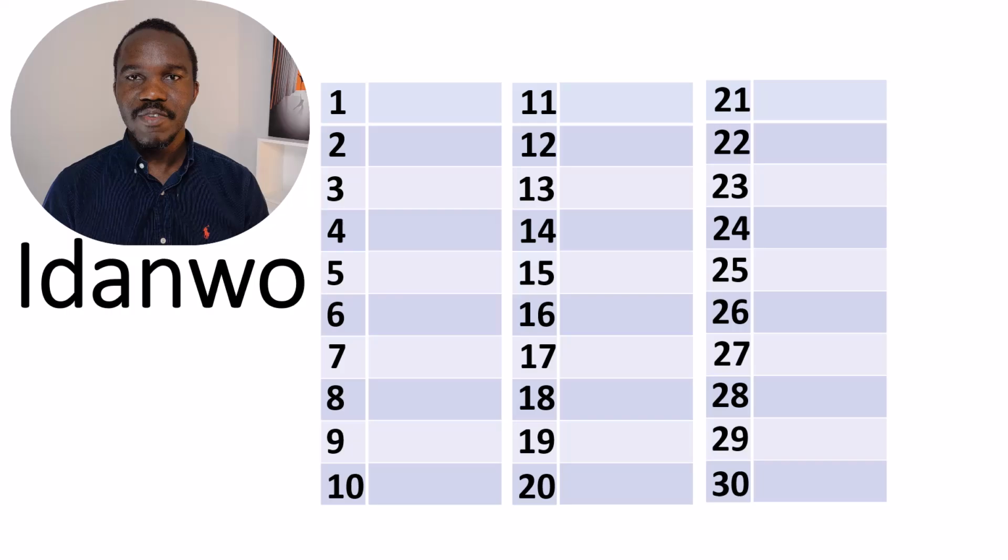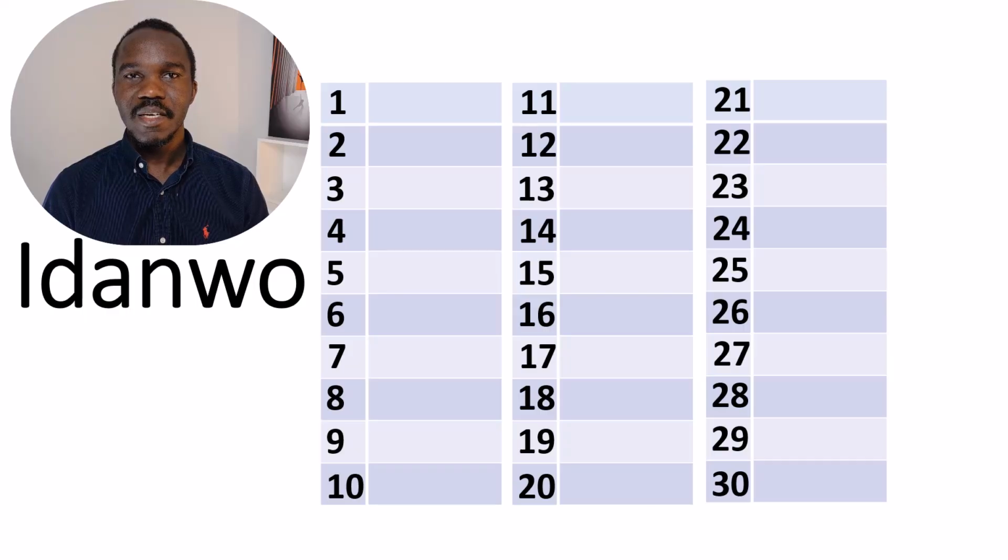Twenty-three says consonant He. Twenty-four says ki. Twenty-five says ni.